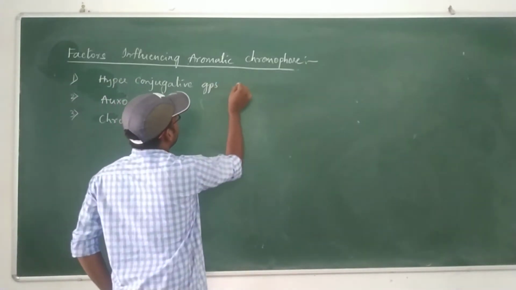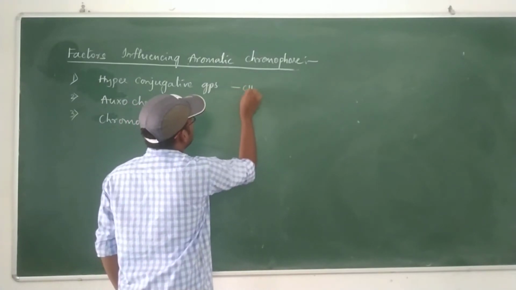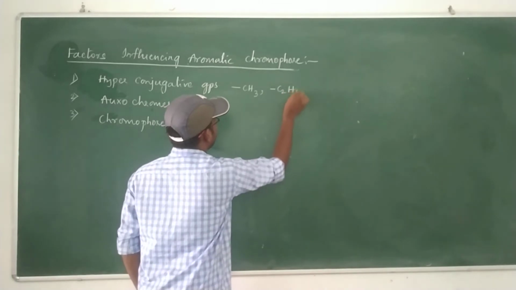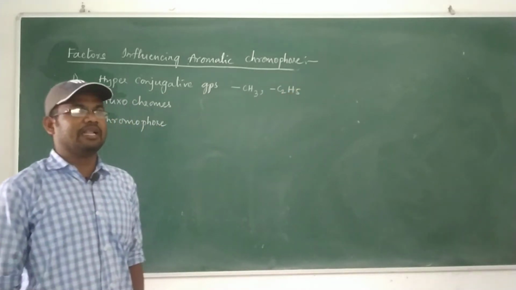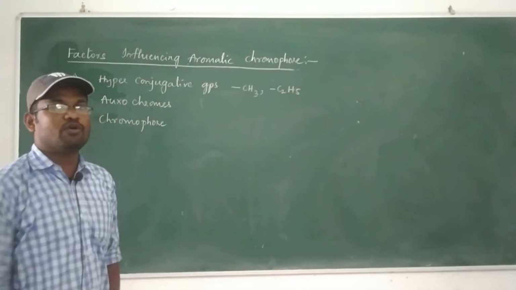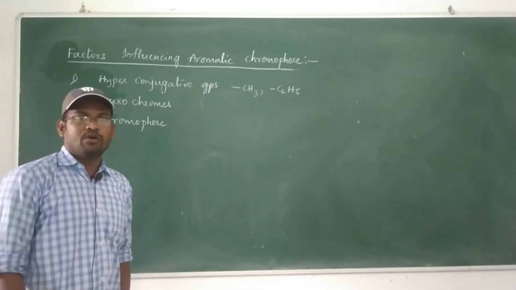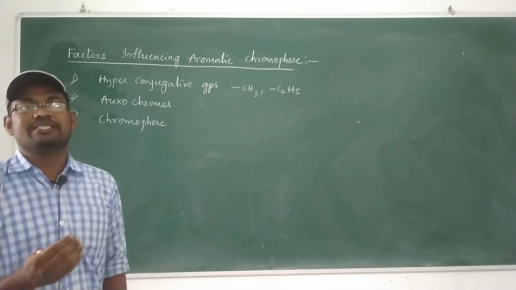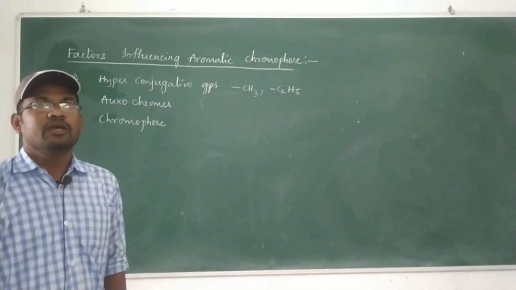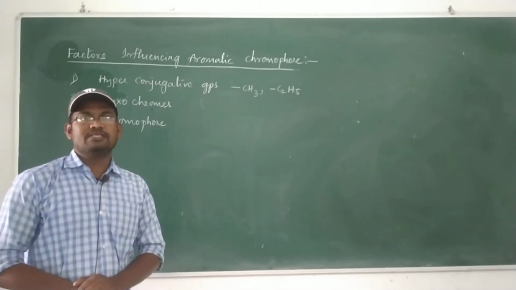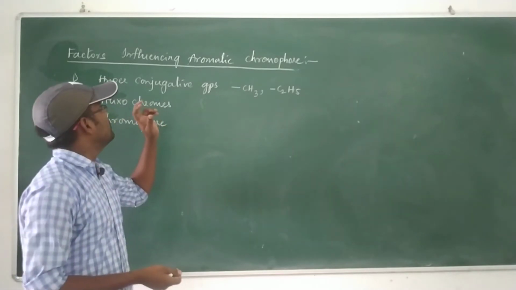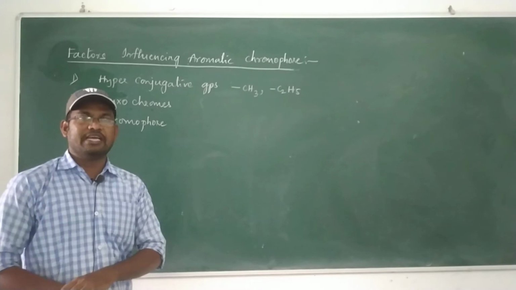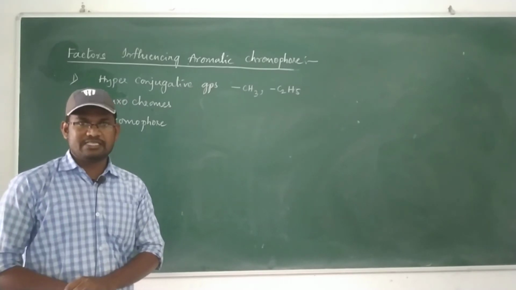I already told you that hyperconjugative groups like CH3, C2H5, C3H7, all saturated alkyl parts, work as hyperconjugative groups. When such alkyl parts are attached to an unsaturated carbon atom, the alpha hydrogens are affected by hyperconjugation and give rise to a number of hyperconjugative structures.